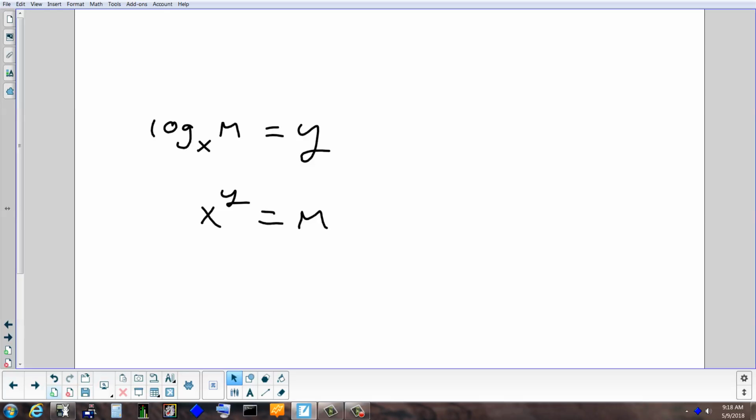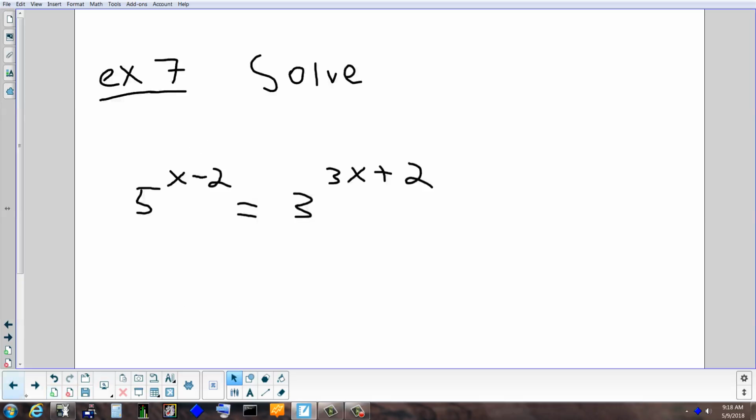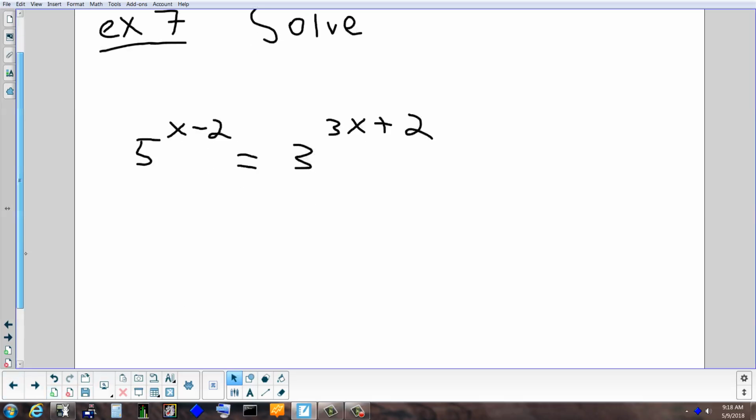I took the log of both sides, because if you don't have logs, you can't just move exponents in front. You can't move exponents in front in general. But if you have a log, you can. So I took the log of both sides, and that's the first step on this problem. Take the log of both sides, and then you are going to be allowed to move the exponents in front.